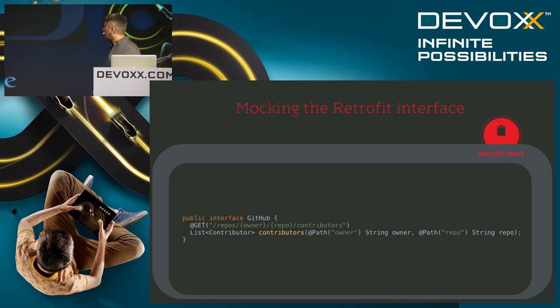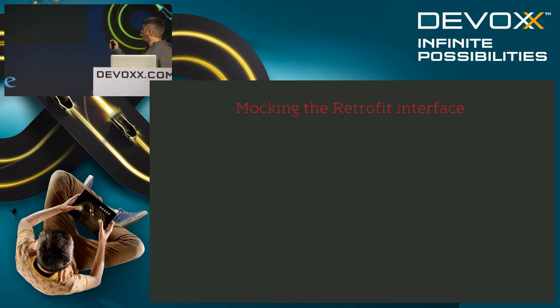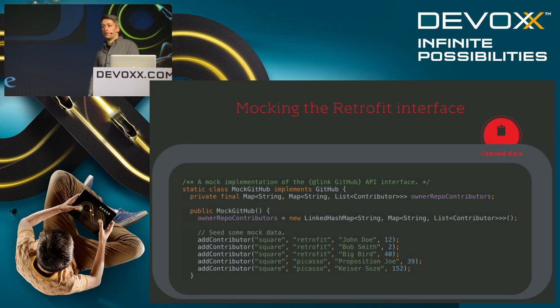This is how you could write the interface for the service. Here we can make a call so that we get a list of contributors. If you then say, I now want to write a few tests where I mock away this whole network behavior, the way you could do it is like this.